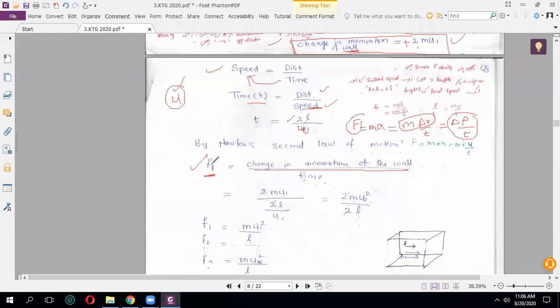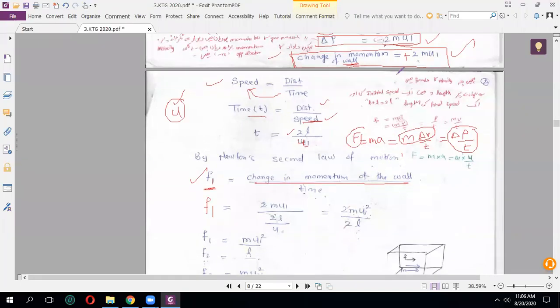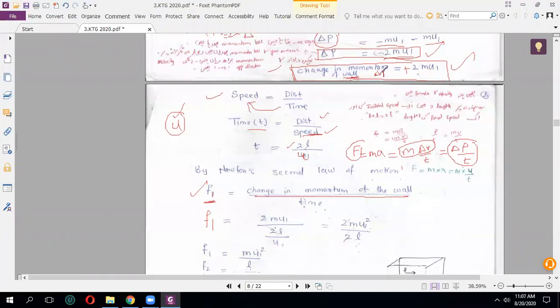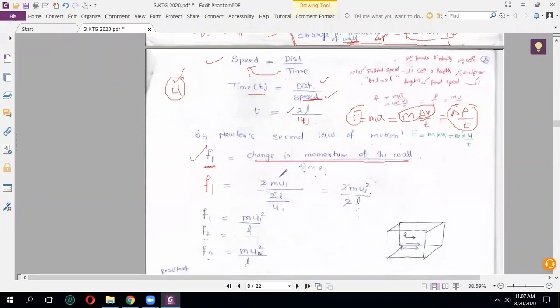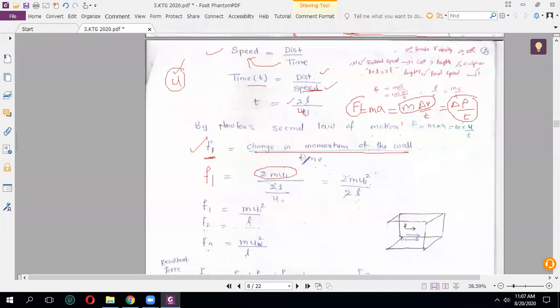Now suppose this is the force formula for the first particle. So can we write F1 equals change in momentum upon time? What is the change in momentum here? It is nothing but the wall momentum. How much do we get? Wall momentum 2 mu1, remember? So here we put 2 mu1. Now time, what is the value of time?